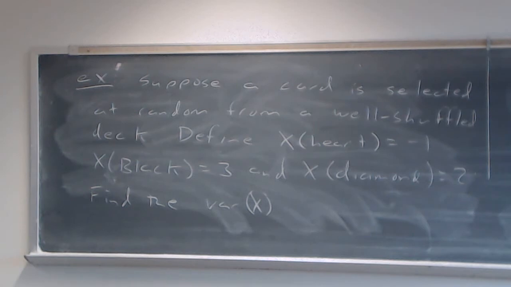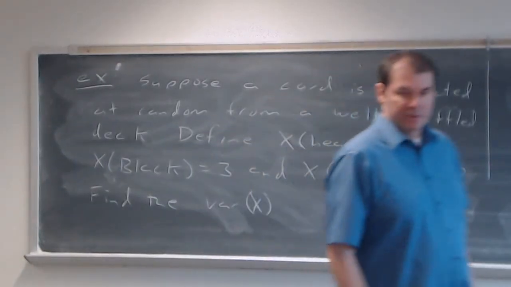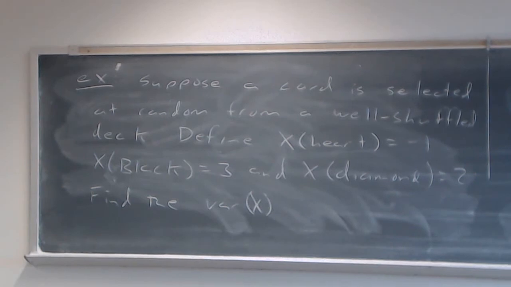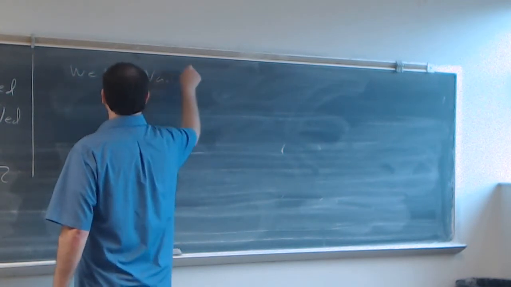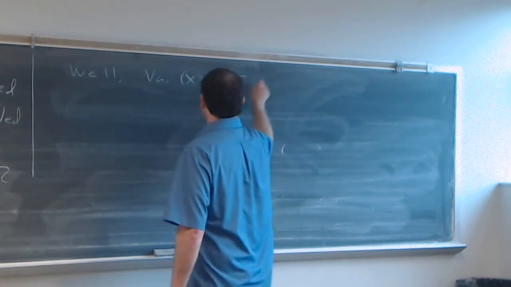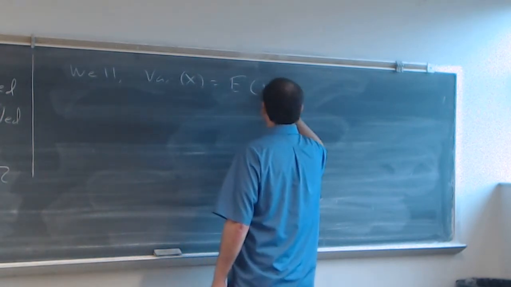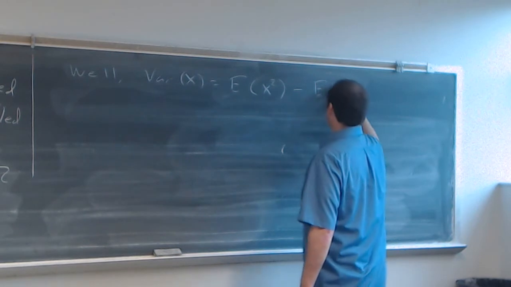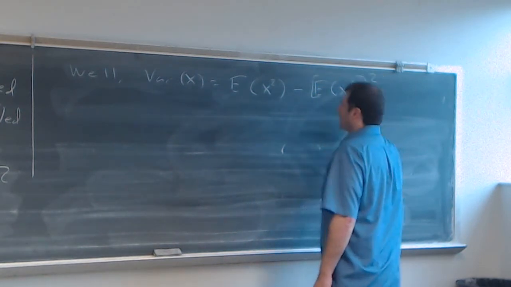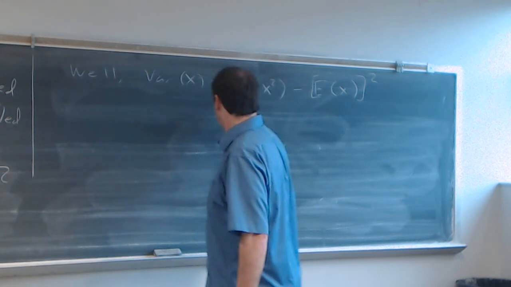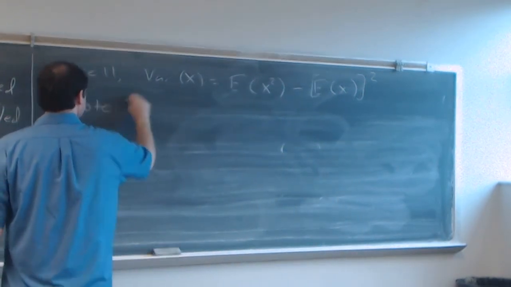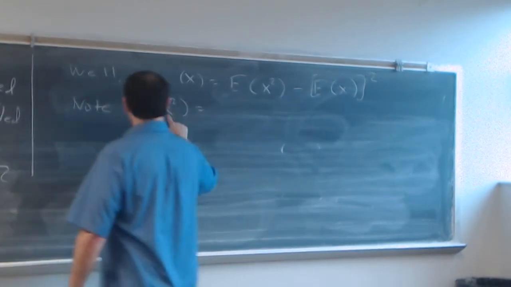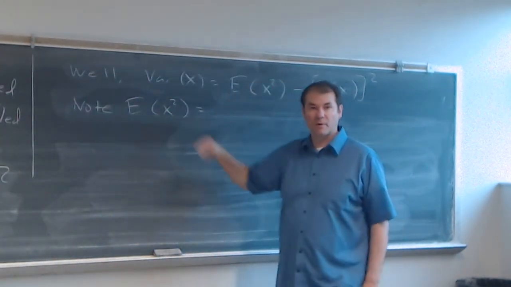All right, so what we're going to do is recall the formula for the variance. And that formula is that the variance of x is equal to the expected value of x squared minus the expected value of x, quantity squared. So we need to compute both of these items. Well, let's note the expected value of x squared, that's the expected value of a function of the random variable x.